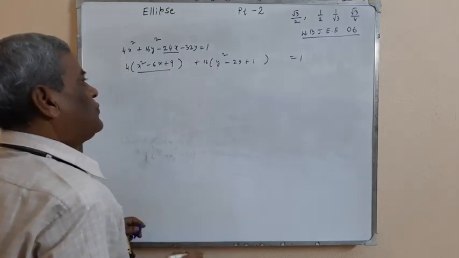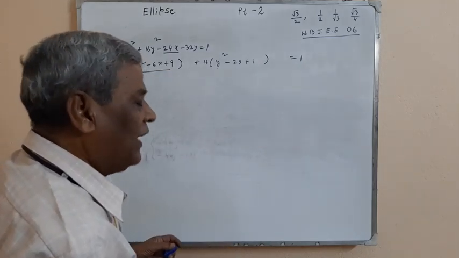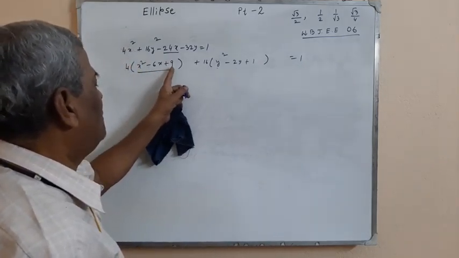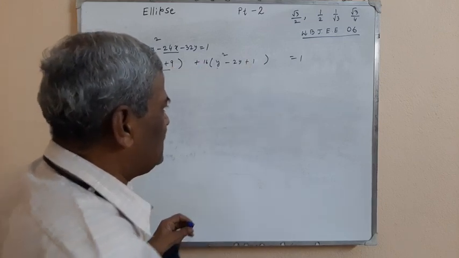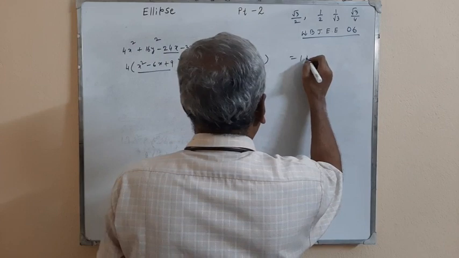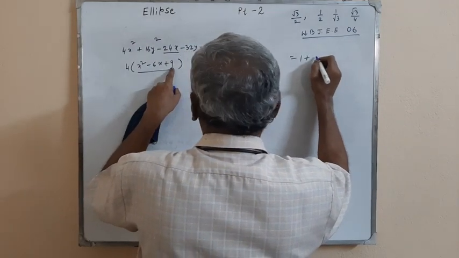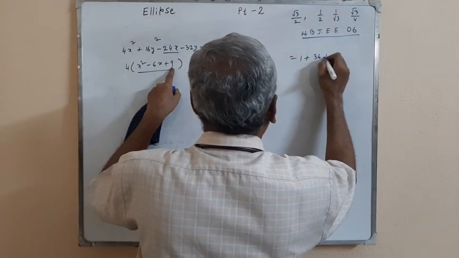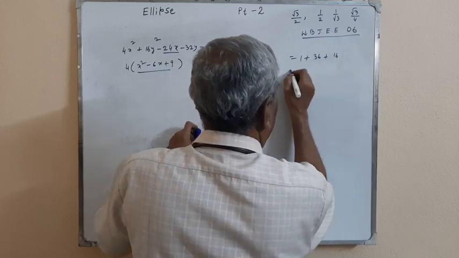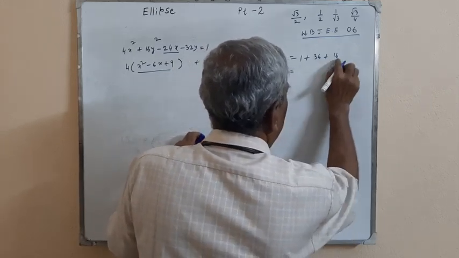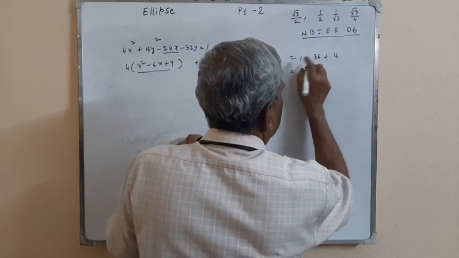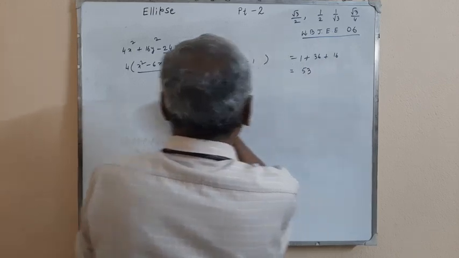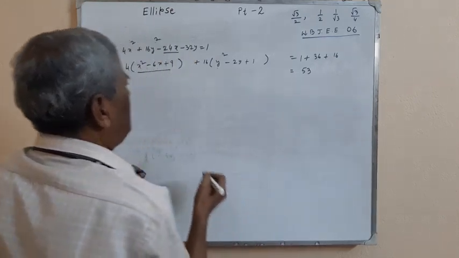On the left I have taken 4 into 9, that is 36, and 16 into 1, that is 16. So balance it: the right hand side is 1 plus 36 plus 16, that is 53.